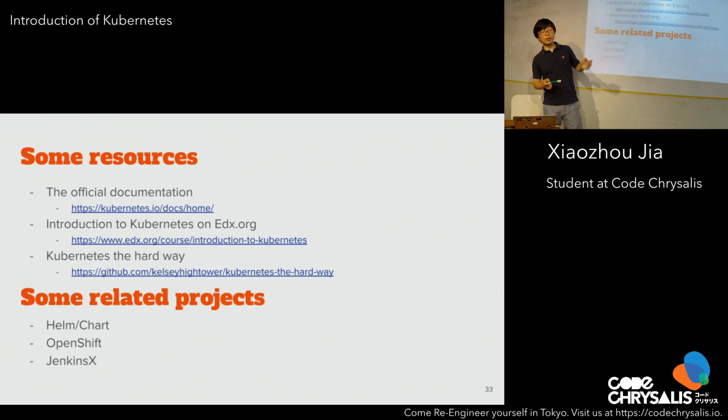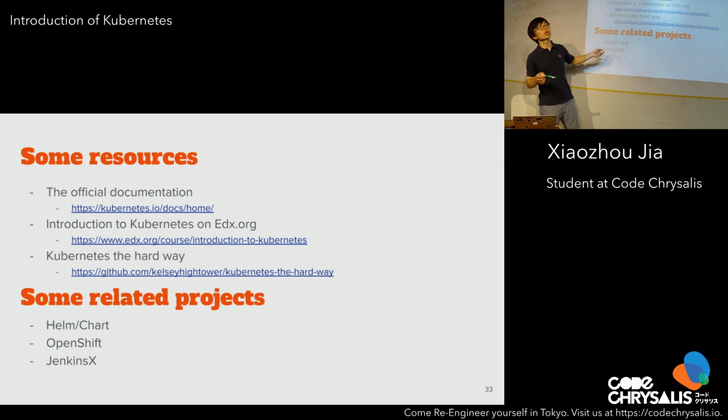And since Kubernetes is now one of the biggest open source projects out there, there are many related works starting from there. Helm chart is a package manager for Kubernetes. So if you want to package your application, for example, your application has 3 pieces, you can package them together, put them in a chart, and then people who use Helm can run your application easily.